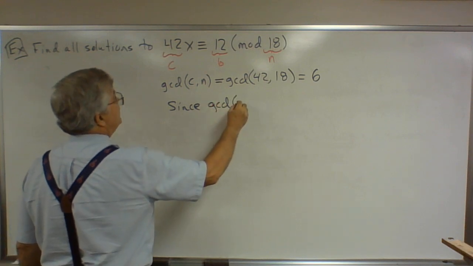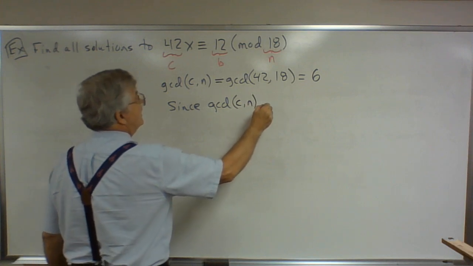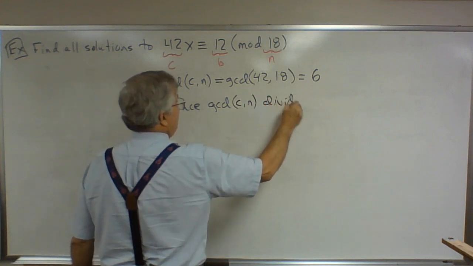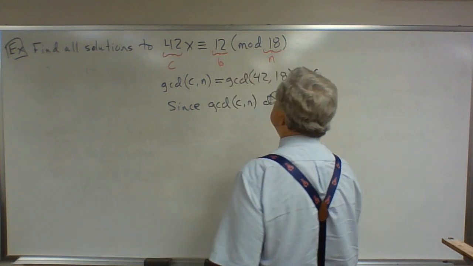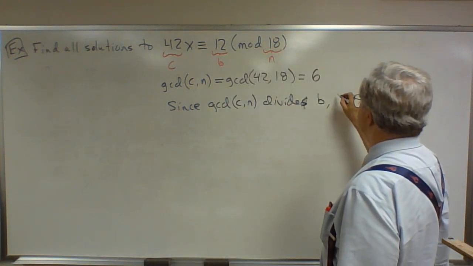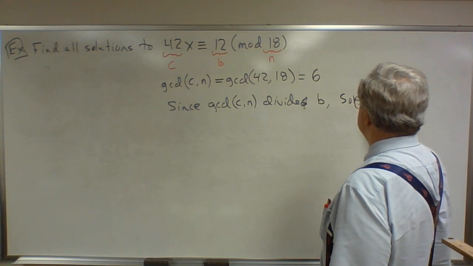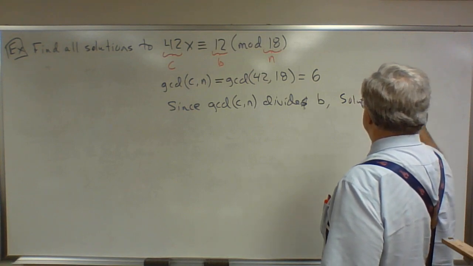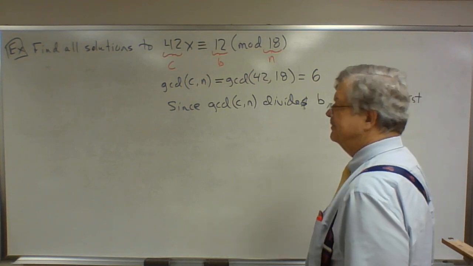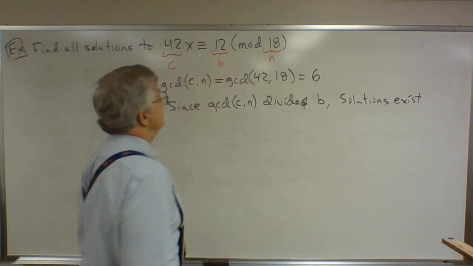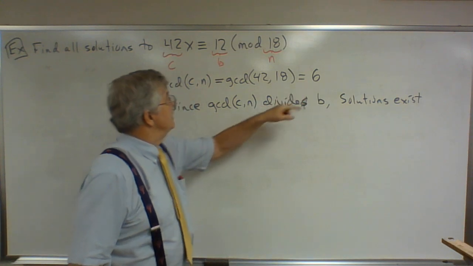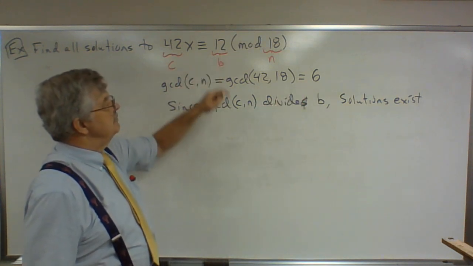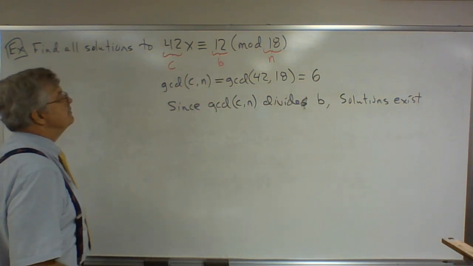Since the greatest common divisor of C and N divides B, solutions exist. The greatest common divisor is 6. 6 divides B, so solutions do exist.